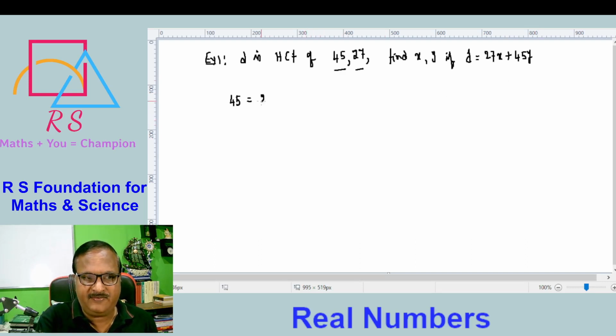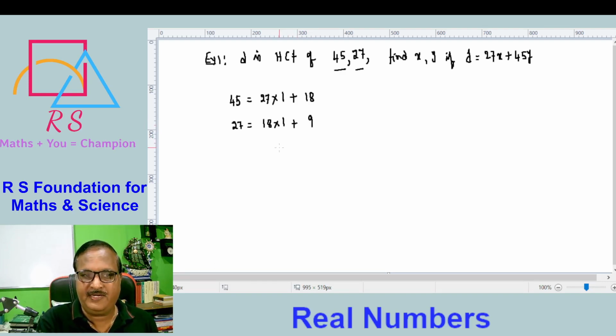So 27 as divisor goes into 45 one time, and the remainder is 45 minus 27, which is 18. This is step number 1 of EDL. Again this divisor becomes dividend, and this remainder becomes divisor. 27 equals 18 into 1 plus 9.